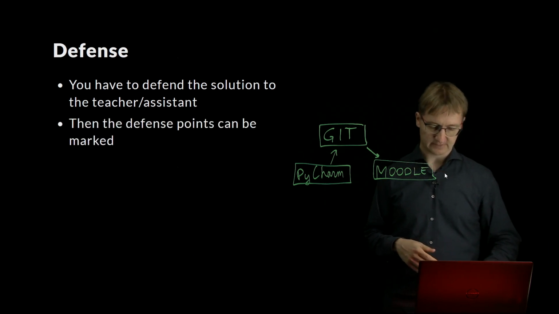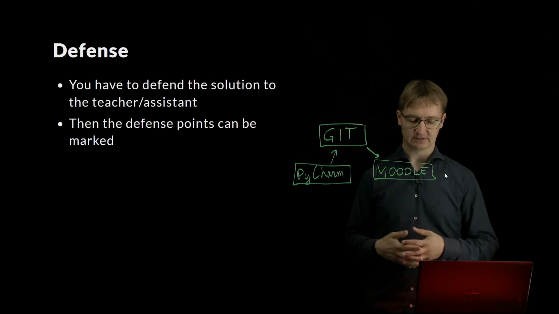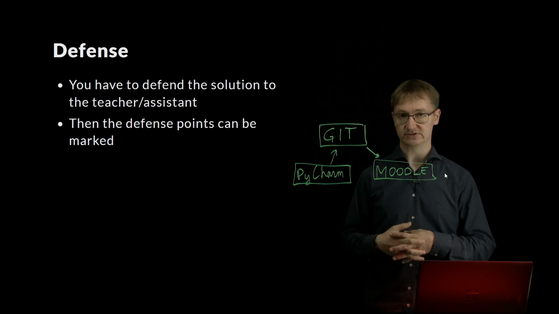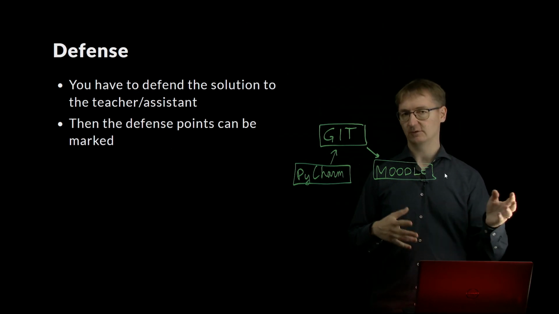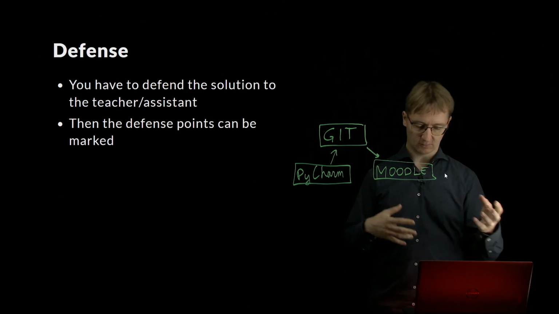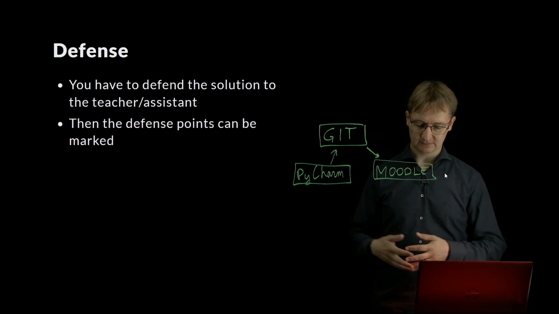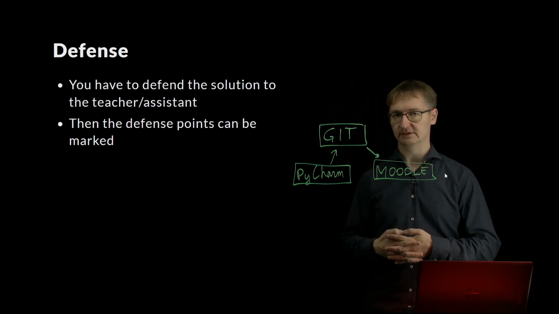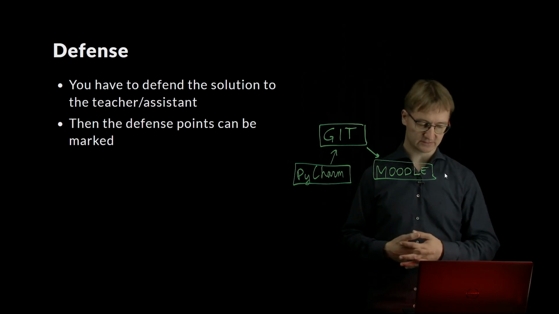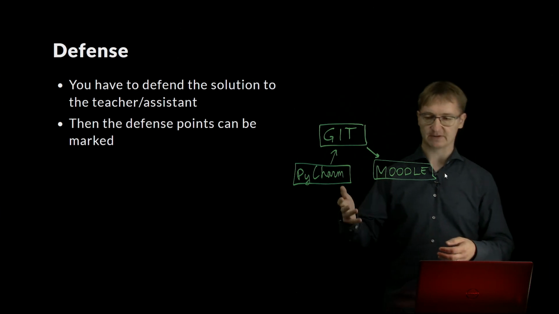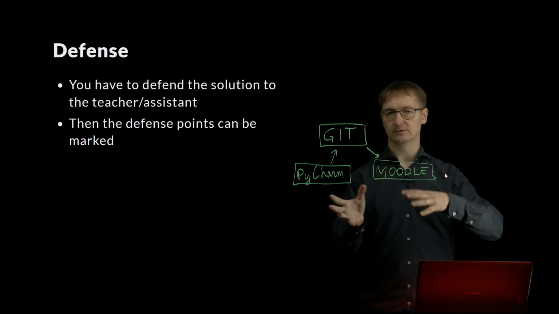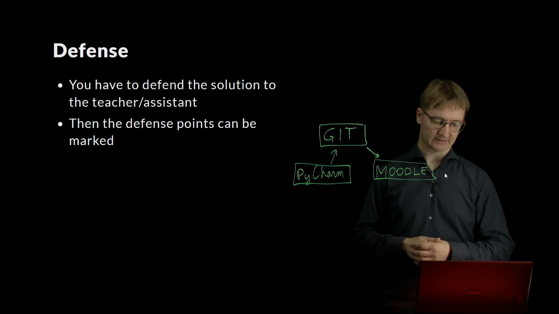And then those points can be given by the teacher. So usually it involves, for example, an online call where you share your screen and maybe talk about your code a bit, and the teacher can ask some questions or maybe give you some feedback. For example, this part of the code you can do differently and so on.